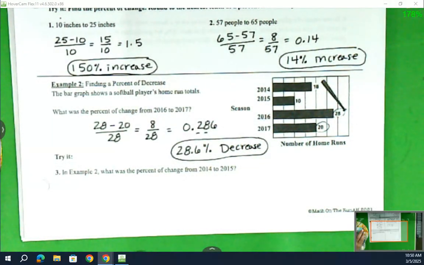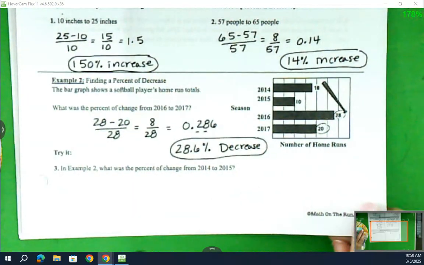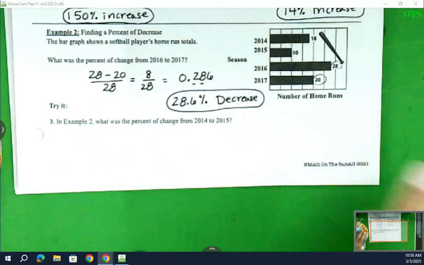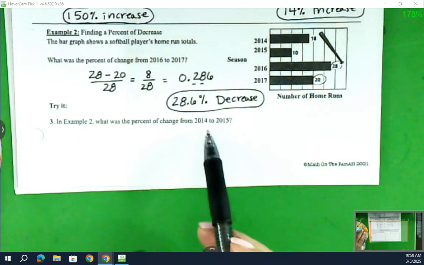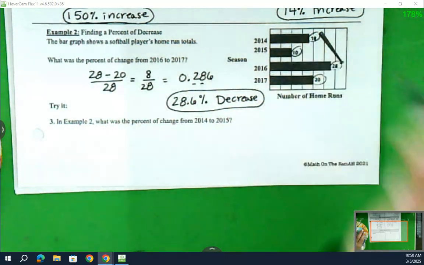Okay, pause this video and try the try it question, and then turn it back on to check your work. Okay, in example number 2, what was the percent of change from 2014 to 2015?